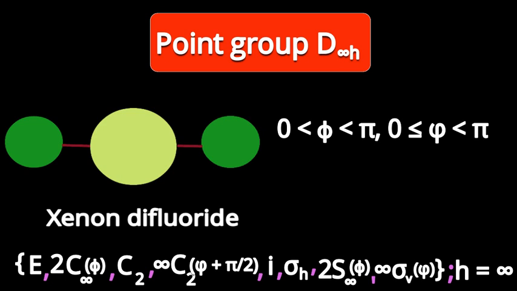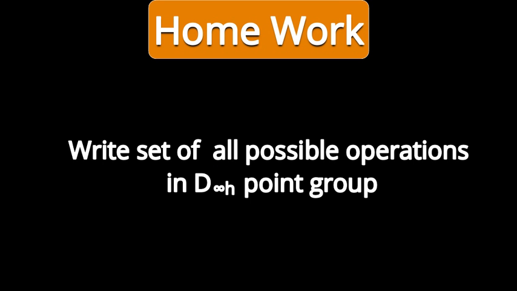So let us see the homework for this part. Students, you need to write all possible operations for the D infinity h point group. I want the collection of all operations in set brackets, and you have to write them in the comment box. If symbol presentation is a problem, you can use a word for that, but write it.